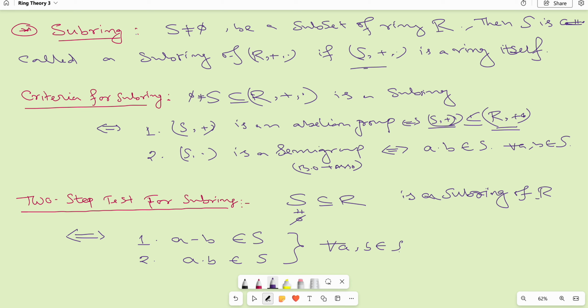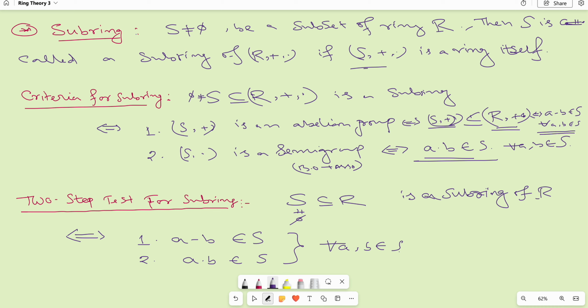If these two properties are satisfied, then we say that S is a subring of R. Here you can conclude that equivalently a minus b is inside S, because this is the subgroup test. For every a, b inside S, I am just merging these.